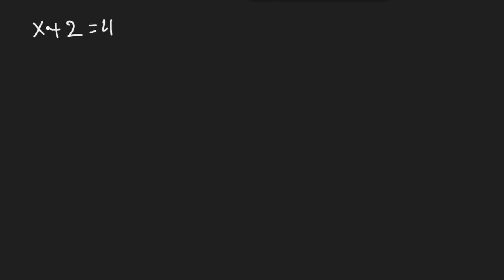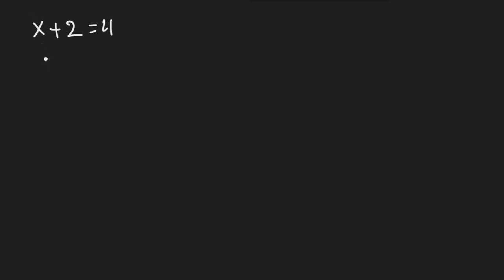In this question, we have x plus 2 equals 4. To solve an equation like this, remember the first rule: you have to keep all variables on one side and numbers on the other side.